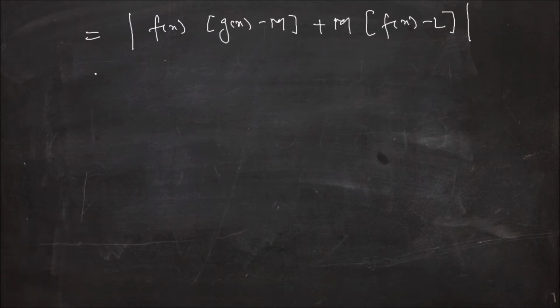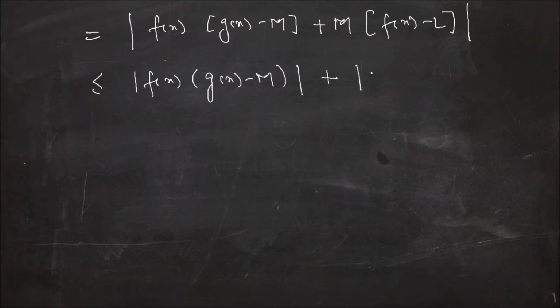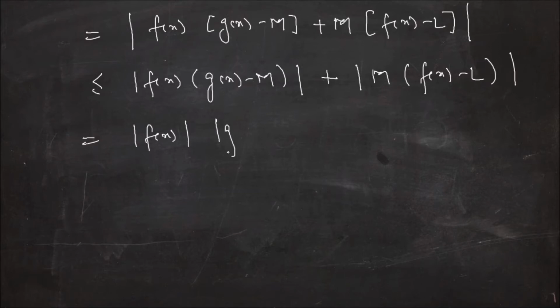Now I will use the triangle inequality. Using the triangle inequality, I will get |f(x)| times |g(x) minus m| plus |m| times |f(x) minus L|. Using properties of moduli, I take mod m, because I don't know whether m is positive or negative.